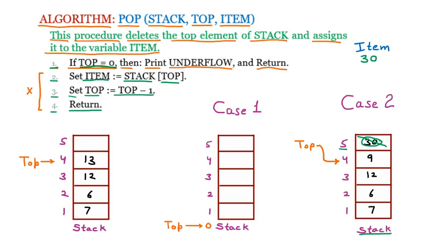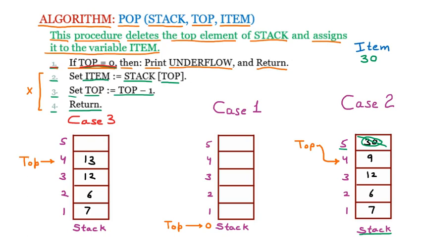Now I am taking case 3. Case 3 is the case which we started with in the first example. Case 1 means the stack is empty, nothing to delete, underflow. Case 2 means the stack is full, we have deleted the top element. Case 3, if some elements are there. In that case, first of all in line 1 it will say if top is 0, but top is not 0, here the top is 4.